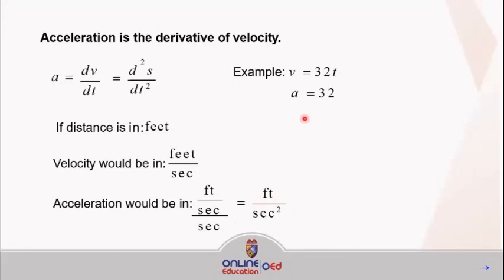For example, let's say v equals 32t. Deriving, the acceleration is 32. Notice that we just derived the value: in derivation, 32t becomes 32.